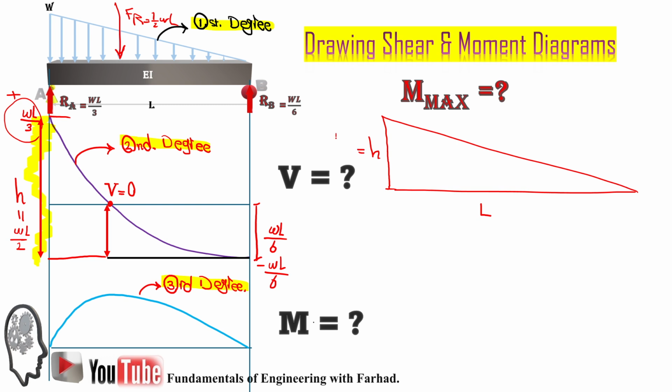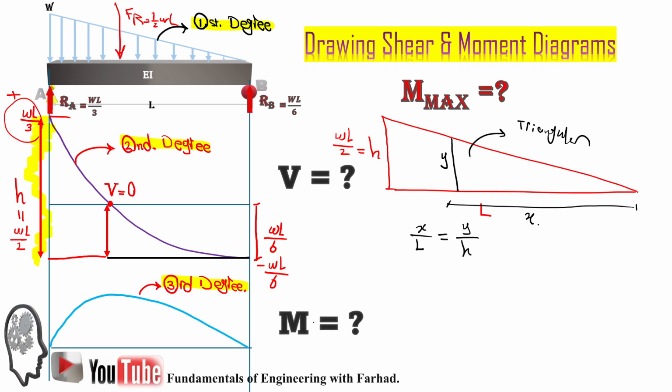So our H is WL over 2. And we want to calculate it somewhere with the length of X and with the height of Y. So in our triangular proportion, one can easily say x over L is equal to y over h. X over total length, which is L, is equal to y divided by h.